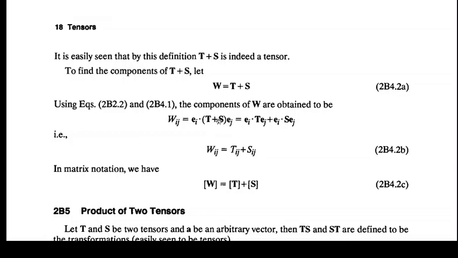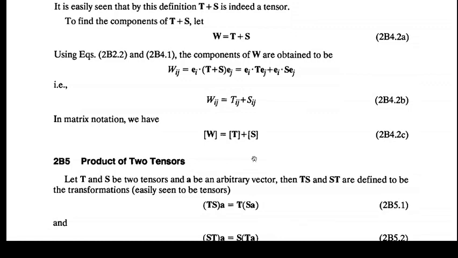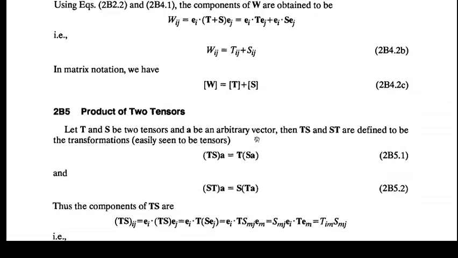Using the definition, you can write Ei dot T Ej plus Ei dot S Ej. This is equal to Tij and this is equal to Sij. So the components of W are the sum of the components of T and S. The ijth component of W will be the sum of the ijth components of T and S, and this is the matrix form: W is equal to T plus S.